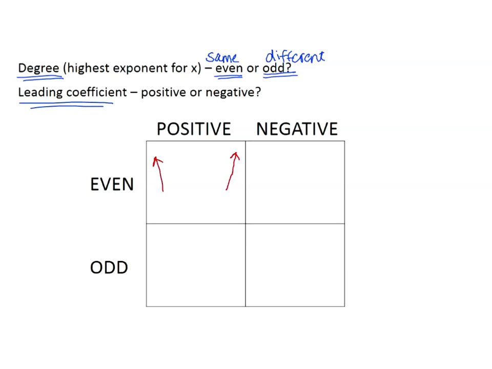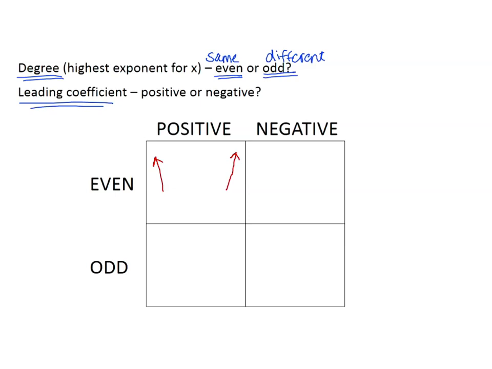Now there might be other things going on here in the middle. There might be a couple of bumps or just one bump, or it might be a quadratic and look like a U. So we don't really care about what's going on in the middle for right now. We just want to know end behavior. Both ends increasing.